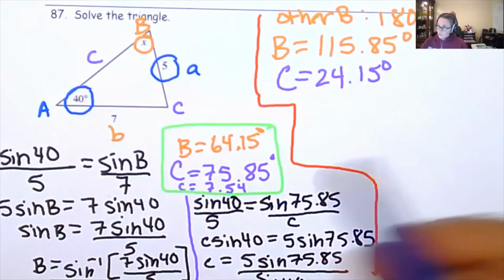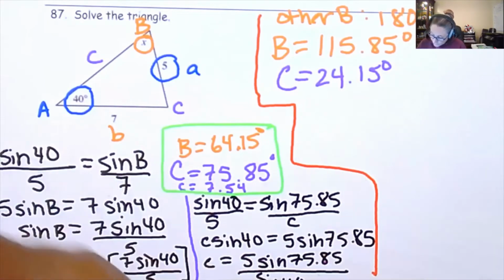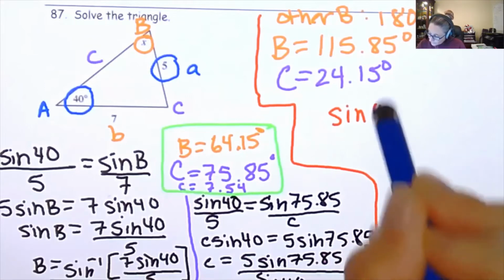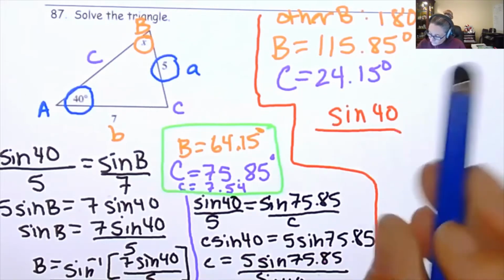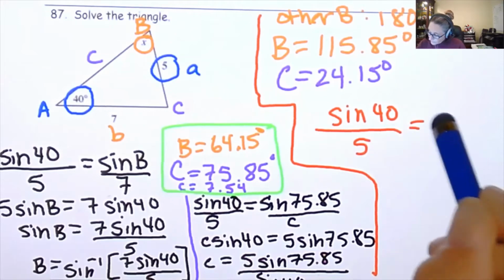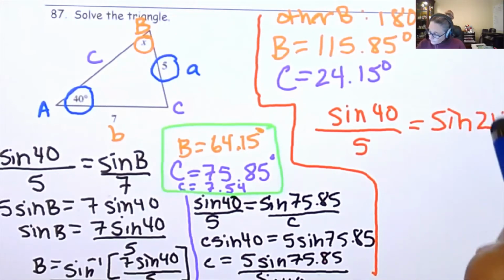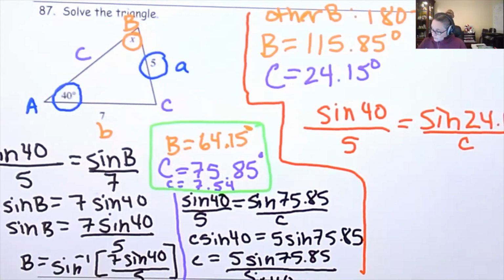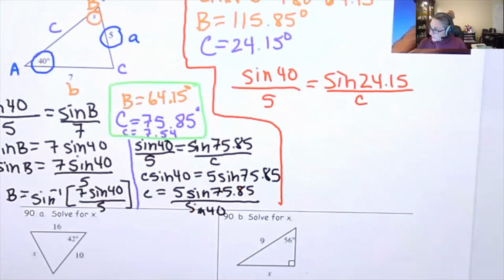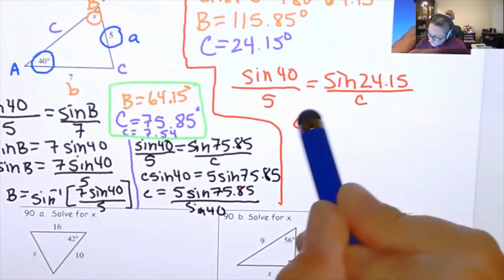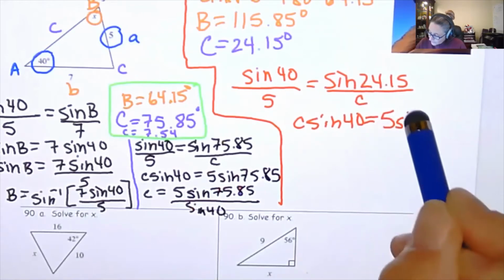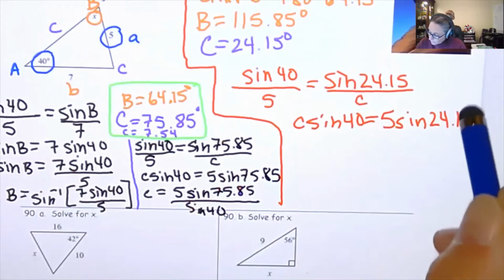And now I'm going to use law of sines, and I'm going to do sine of 40 over 5 is equal to sine of 24.15 over little c. And we're going to cross multiply and solve. And so when I do that, I get c sine of 40 equals 5 sine of 24.15.